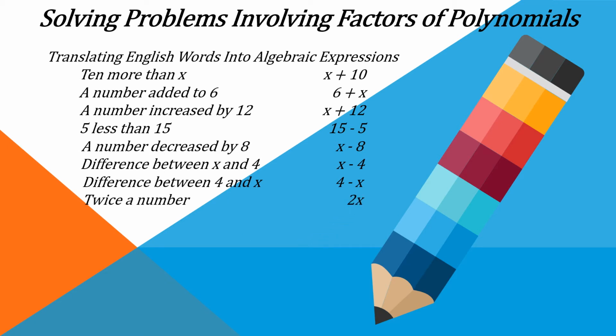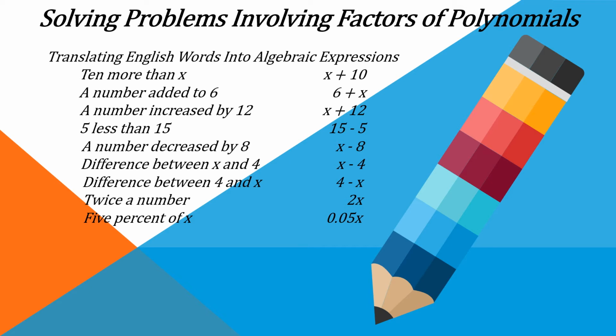Twice a number is multiplication. It means you multiply a number by 2, so it is 2x. 5% of x: you multiply 5% by the number, which is x.